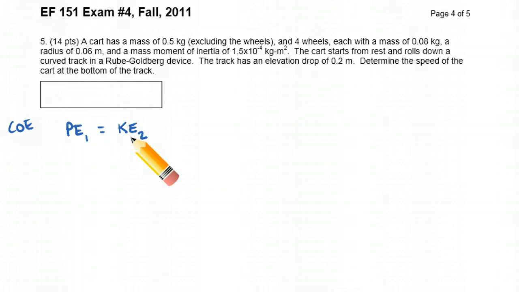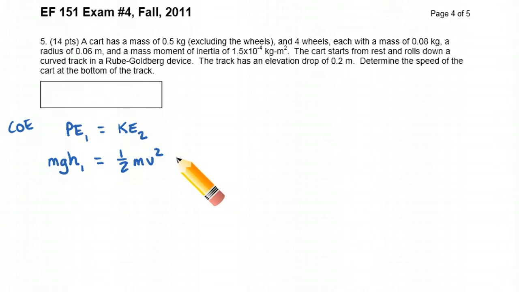But final kinetic energy is going to have two different parts. So we're initially at rest, so we'll have mgh here, but this kinetic energy is going to have a 1/2 mass velocity squared term, and it's going to have a 1/2 I omega squared term for the wheels. And this is our final velocities.